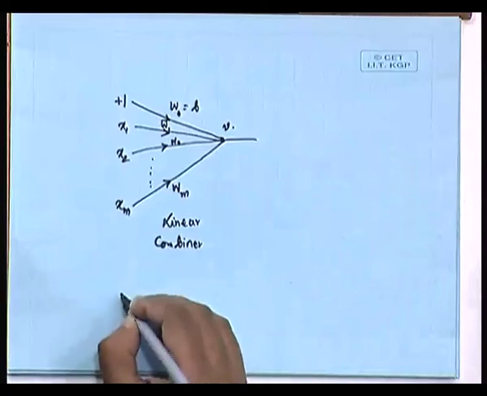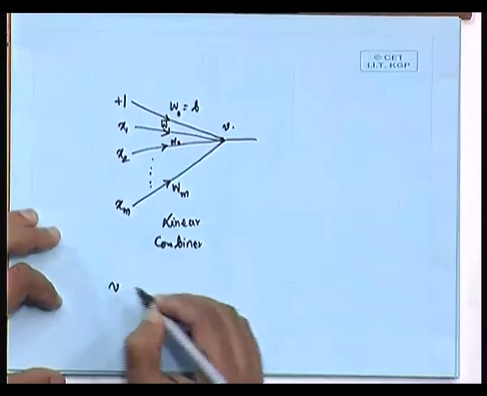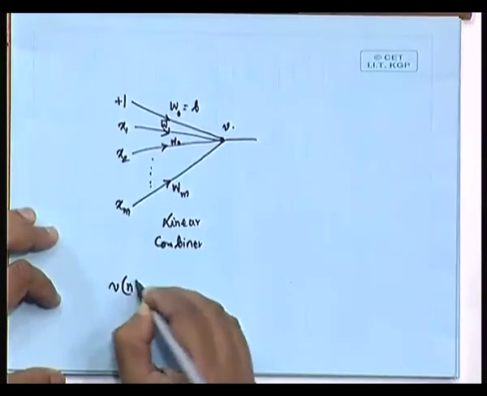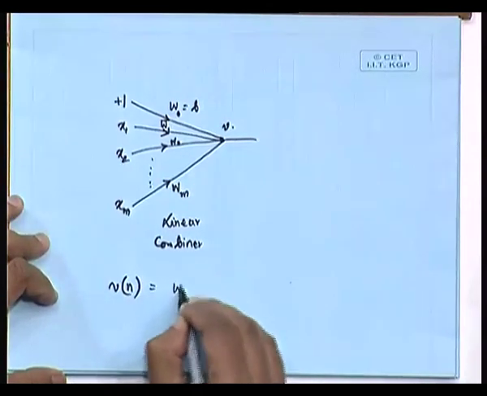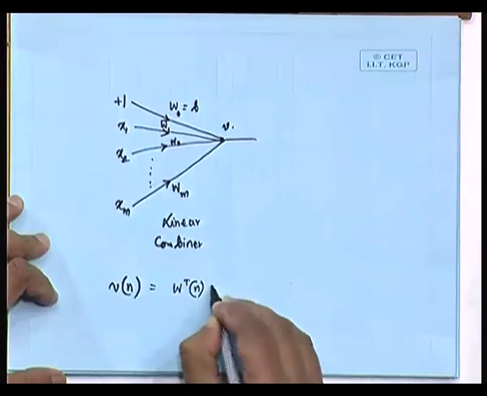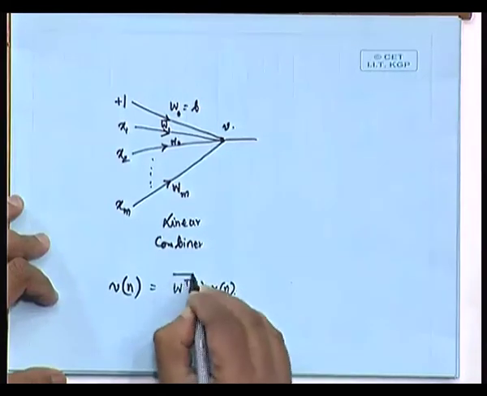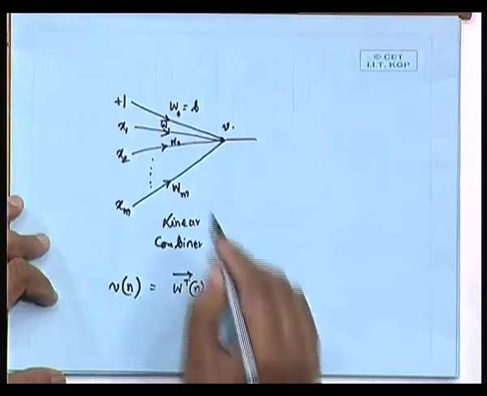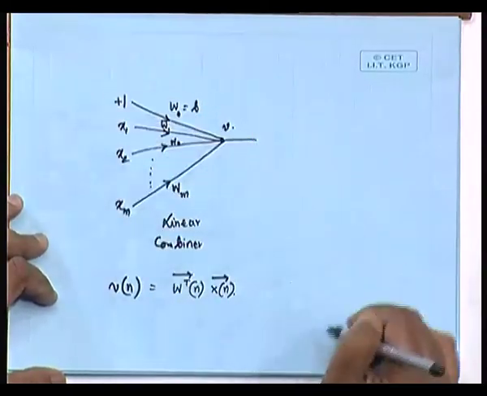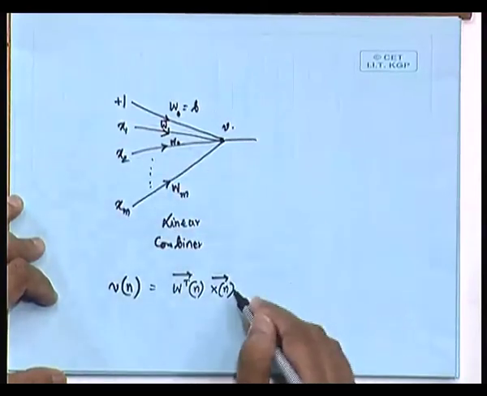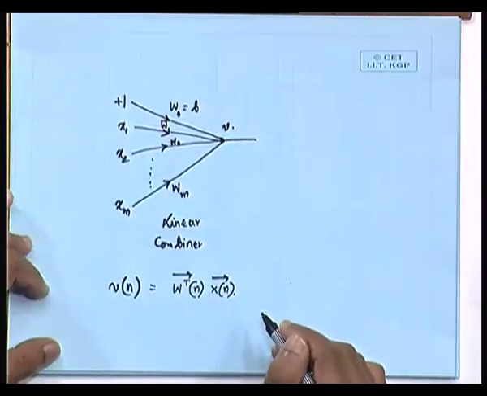If this is the output v that we get after the presentation of the nth pattern input, then we write it as w transpose(n) x(n), where w transpose(n) is the transpose of the weight vector and x(n) is the input vector for the nth pattern that we are feeding.